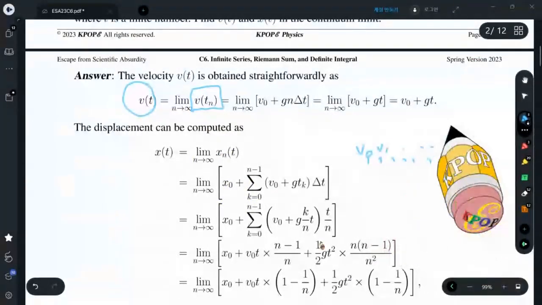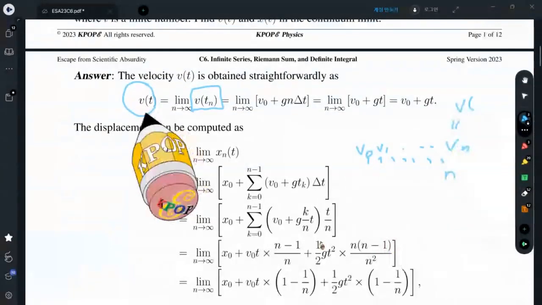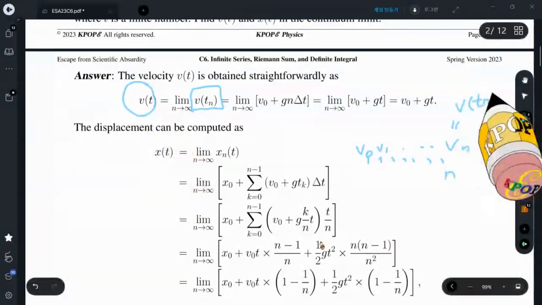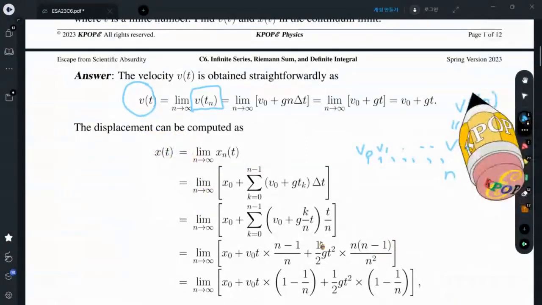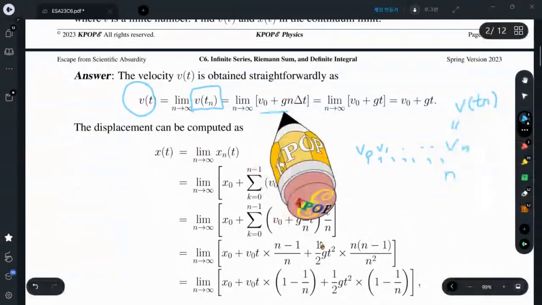So we indicate this to be a continuous function of velocity whose argument is the discrete value of time. And we know this sequence can be expressed in this manner.